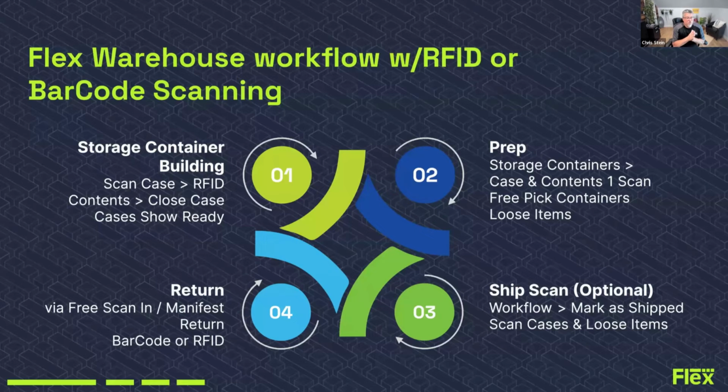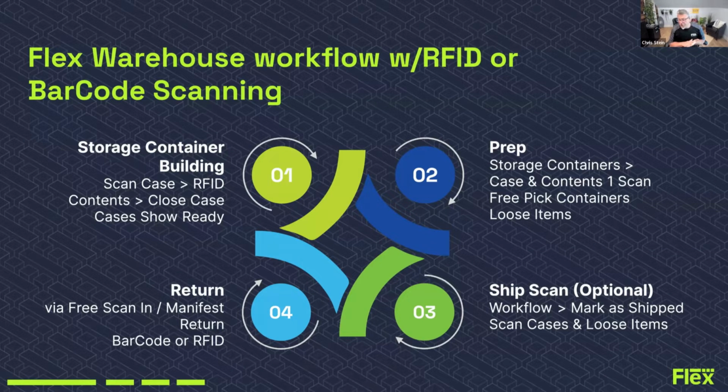What we mean by that is, as we are starting our return down here on the left hand, we can return things through either free scan in or going to the manifest return.